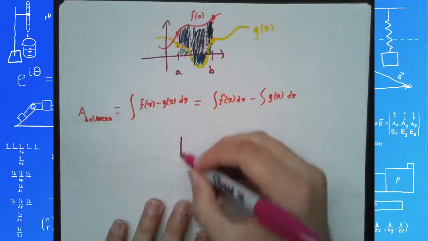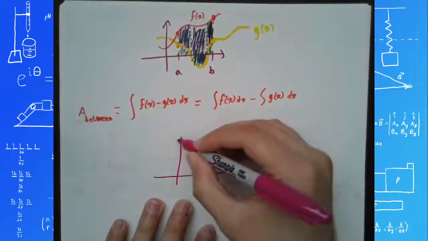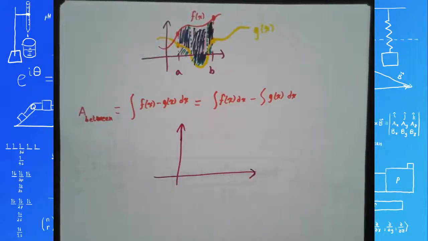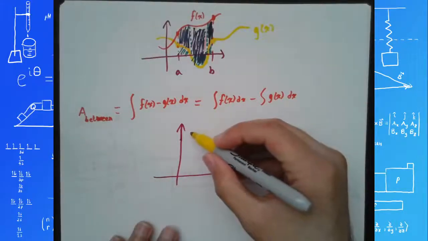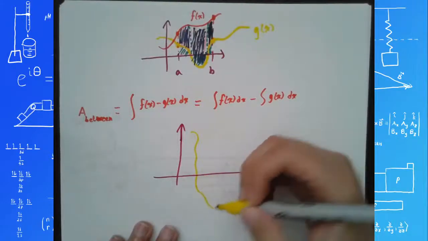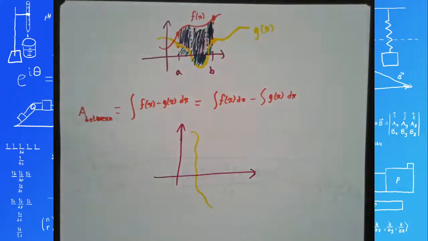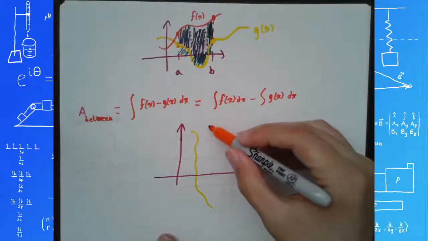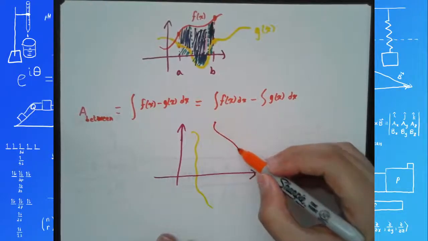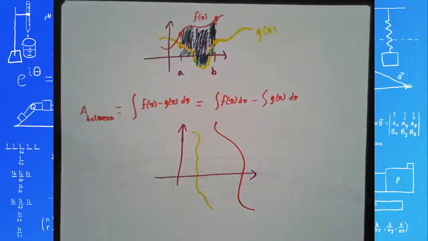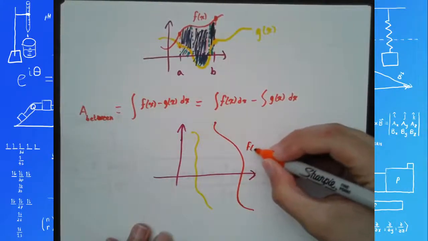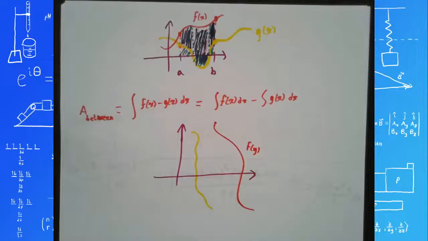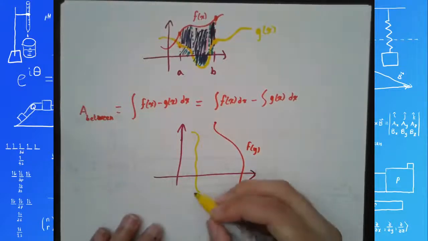So let's draw a curve that looks like this, and one that looks like this, for example. And that'll be my f of y, and that'll be my g of y.